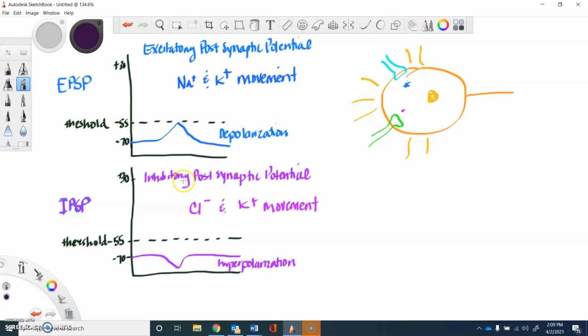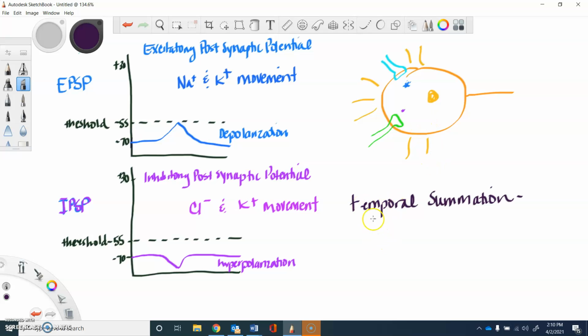So we have something called temporal summation, which is where we have graded potentials coming from the same axon terminal.